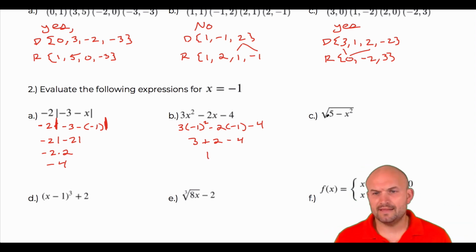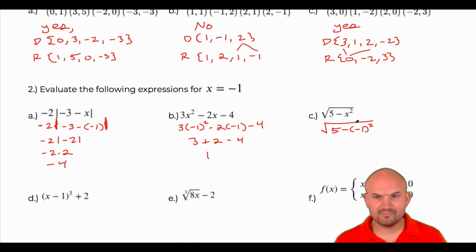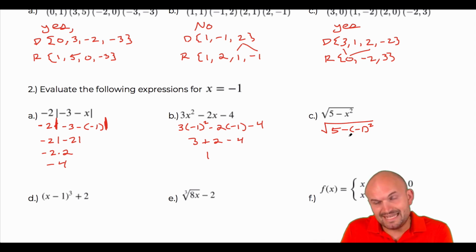And the next one here kind of looks a little crazy. We have a radical, square root, as well as a squared. But that's okay. Just plug it in and see what happens. So 5 minus -1 squared. So again, kind of like what we did over here, but it's important to follow the order of operations. Remember, when you have a function inside of another function, work from the innermost function.